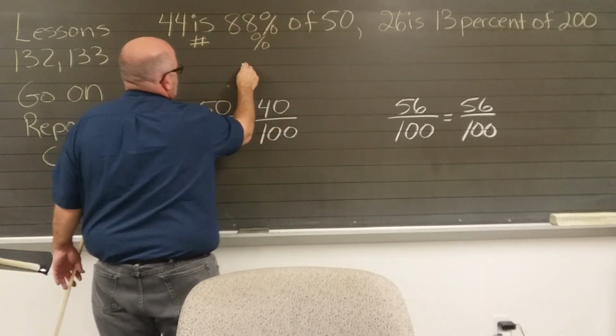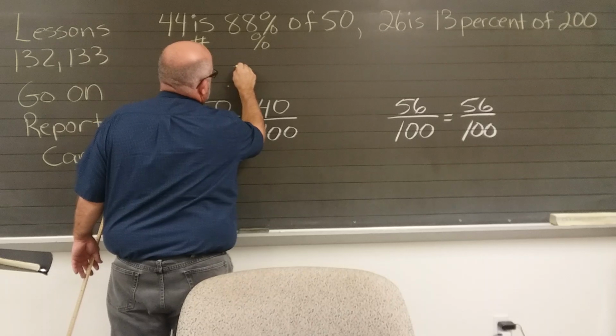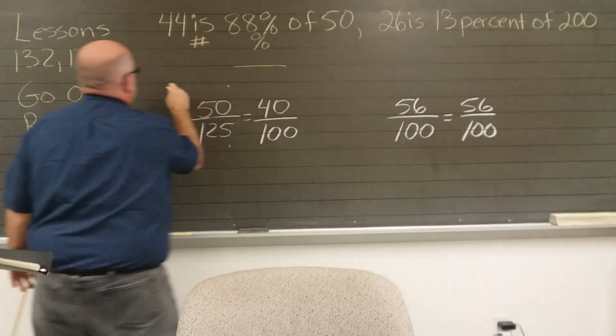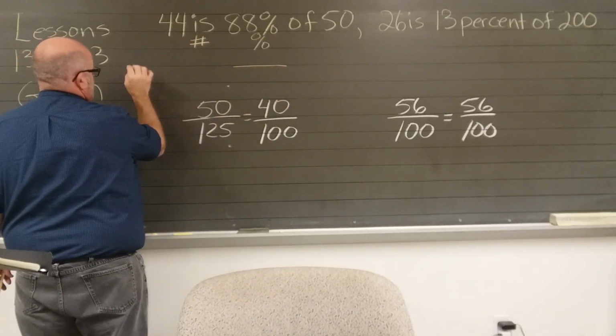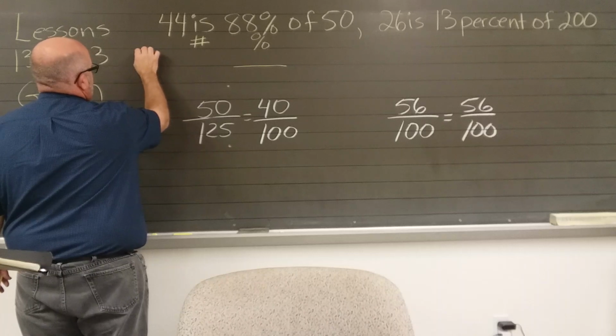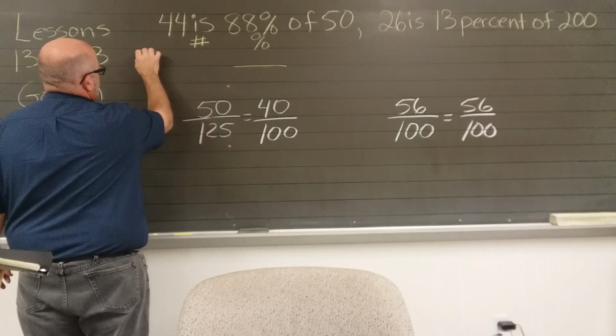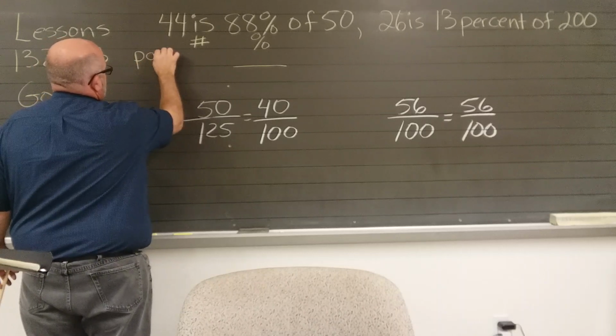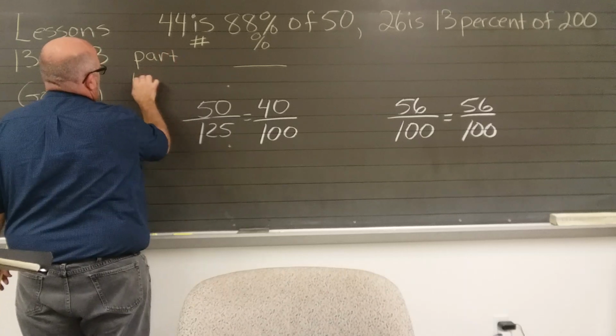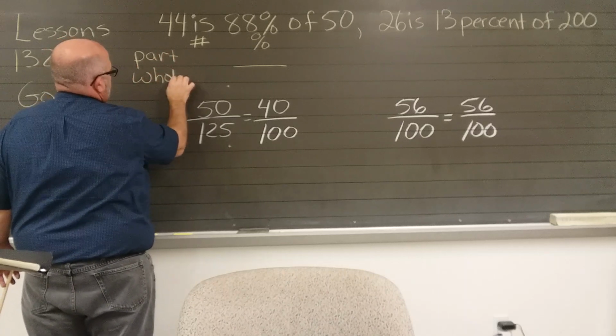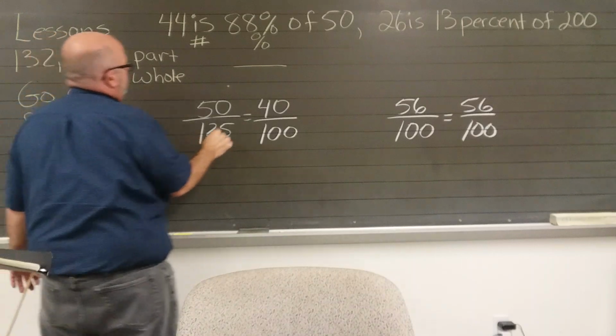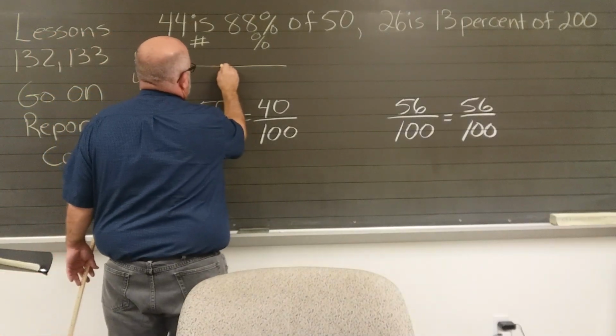What's your bottom percent always going to be? So here you also have 2 parts. You have a part and the whole. So here you have numbers.